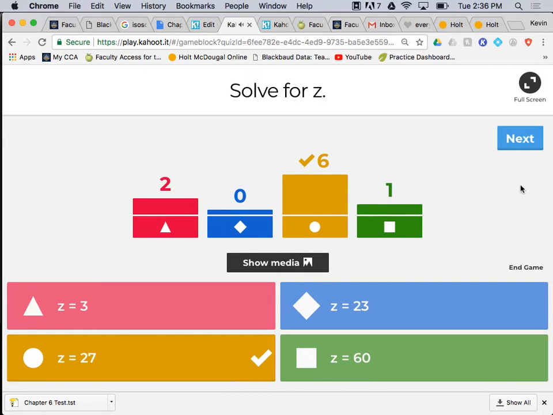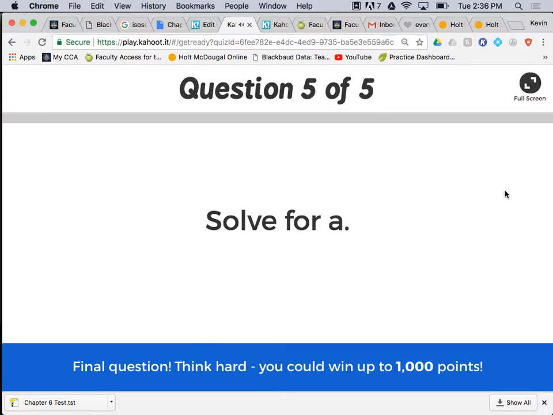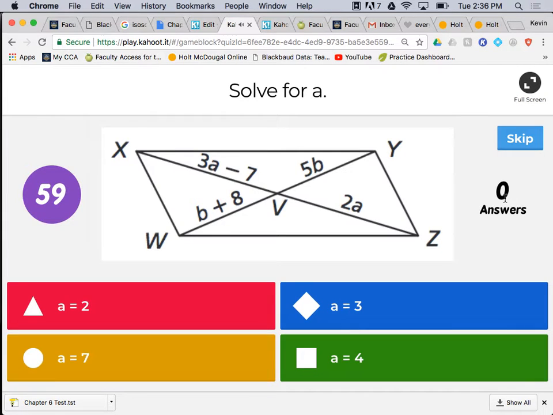Good. Last one. Solve for A. Guys, this one's a simple one.